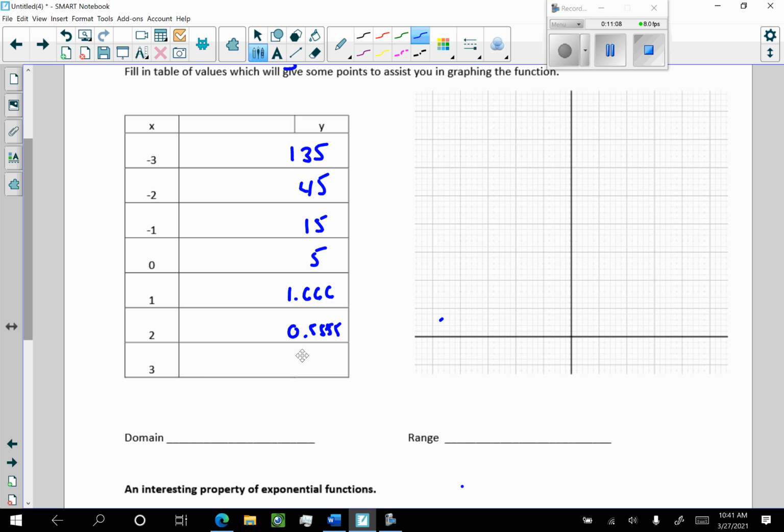If I put 3 in, it's going to be 0.18519. Oh, so I'm really going to have to scale this thing crazy this time, because it looks like I start at 135.